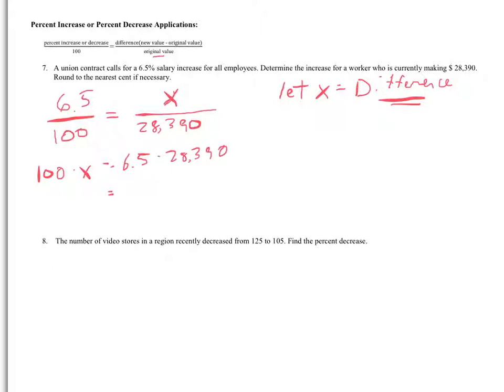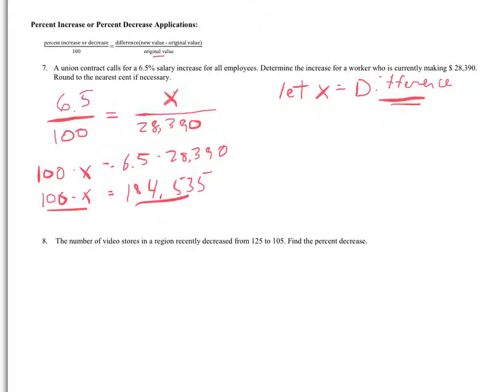When we multiply 6.5 times 28,390, we get 184,535. And on the other side, 100 times x.